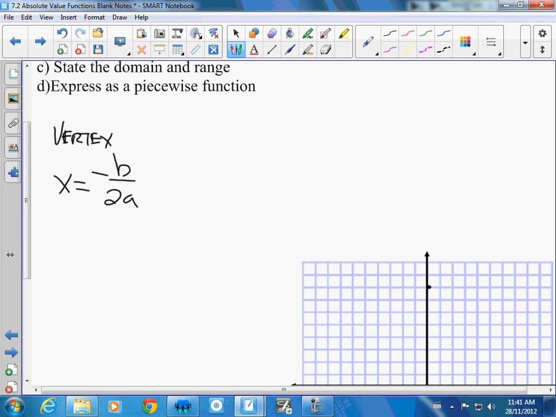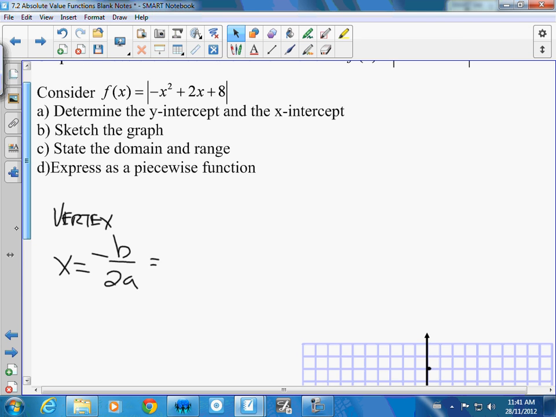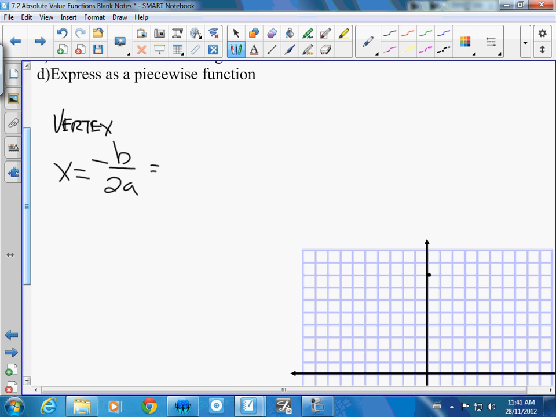Okay, let's fill out what we know. What is b? So it's negative 2 over 2 times negative 1, which is negative 2 over negative 2, which is 1. How do we find the y value? Plug it back into the original.